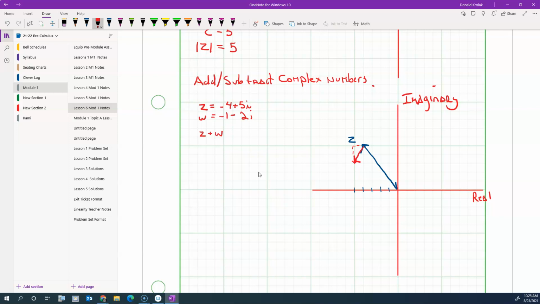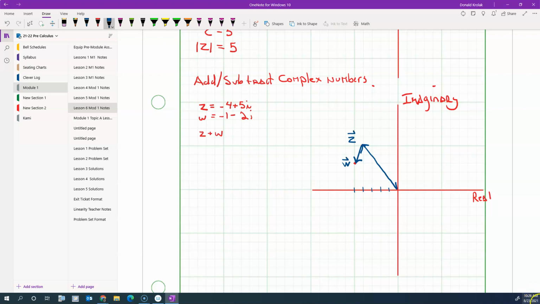I'm adding w, so I attach w to the tip of z. That's w.